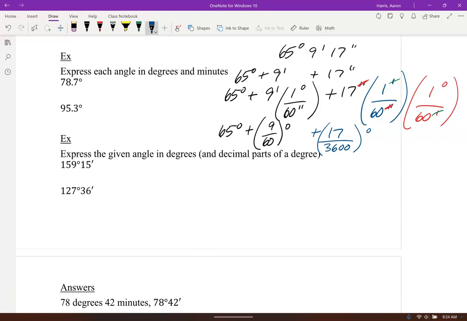So I have 65 plus 9/60. Well, 9/60 is 0.15 degrees, and then 17 over 3,600 is 0.0047222.